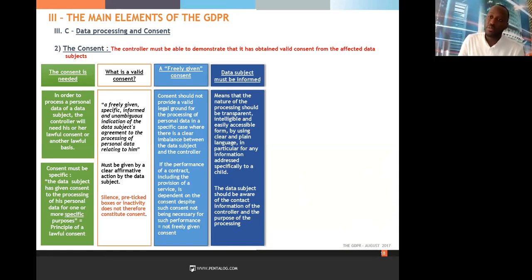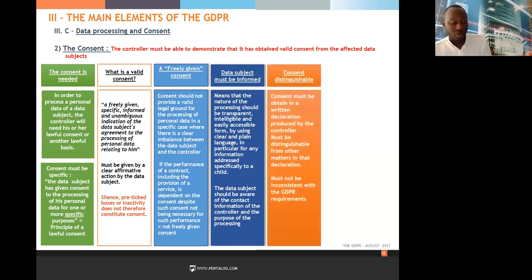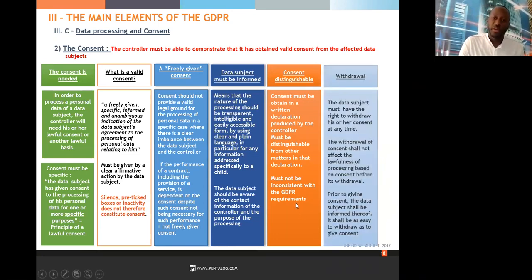So you have to give him your contact information and the purpose of the processing, of course. The consent should be distinguishable from other matters in the declaration, and must not be inconsistent with the GDPR requirements. And yes, it shall be as easy to withdraw as to give consent. It's my right to withdraw the consent. I can do it at any time.